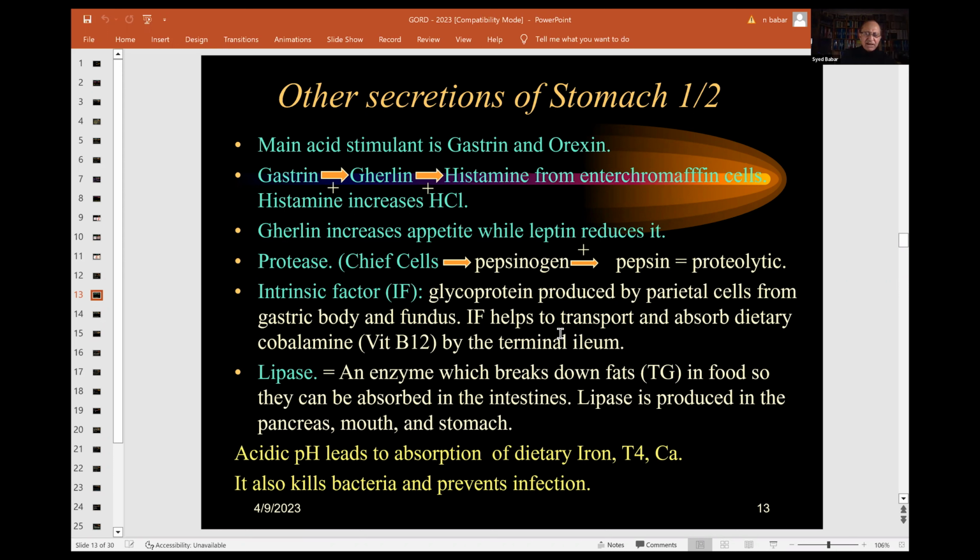So the intrinsic factor aids absorption. Basically, when the food reaches the small intestine, which is where cobalamin, vitamin B12, which is the extrinsic factor, is, the intrinsic factor encourages dietary absorption of vitamin B12 into the bloodstream. And this happens more towards the ileum, but also happens from the proximal small intestine as well.